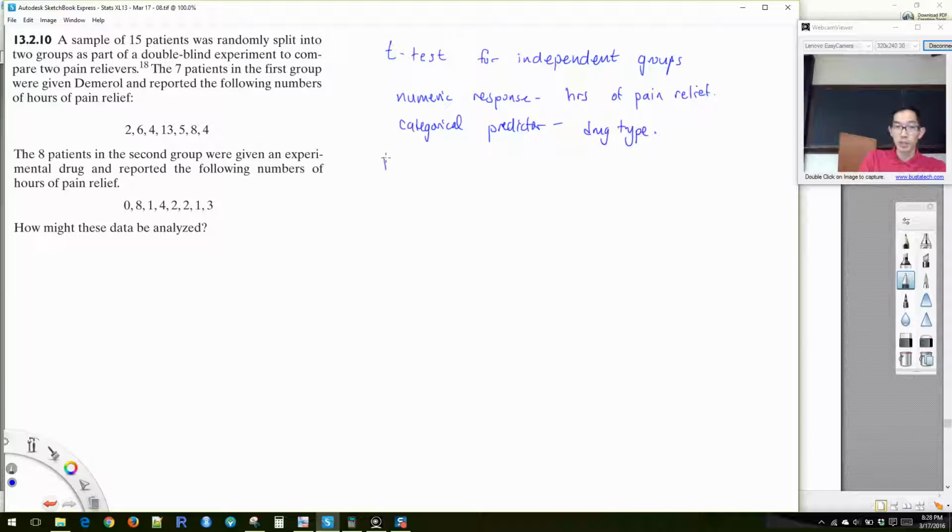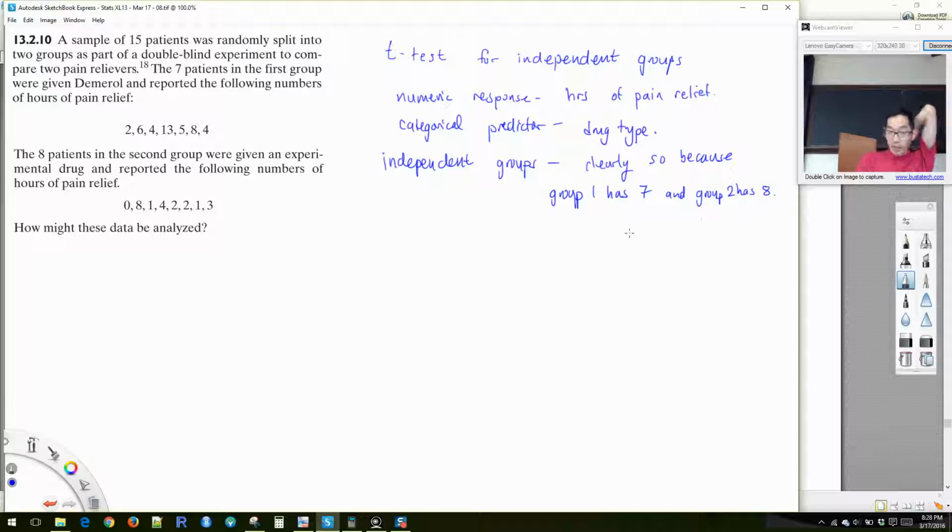Okay, they are independent groups because the 2 groups have nothing to do with each other, and it's very clear, clearly so because the 2 groups have different group sizes. Okay, so there's no pairing between our data points here.